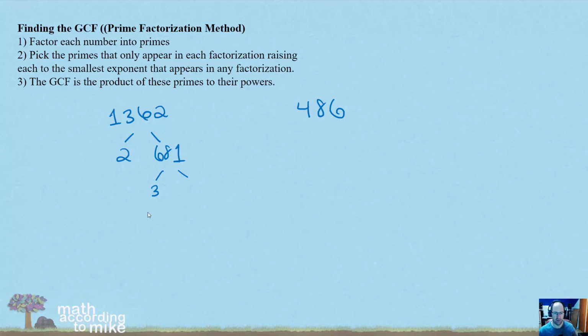Sorry, my UPS delivery arrived. Okay. 681 divided by 3 would be 227. Oh, who picked these numbers? All right, so 3 times 227 is 681.